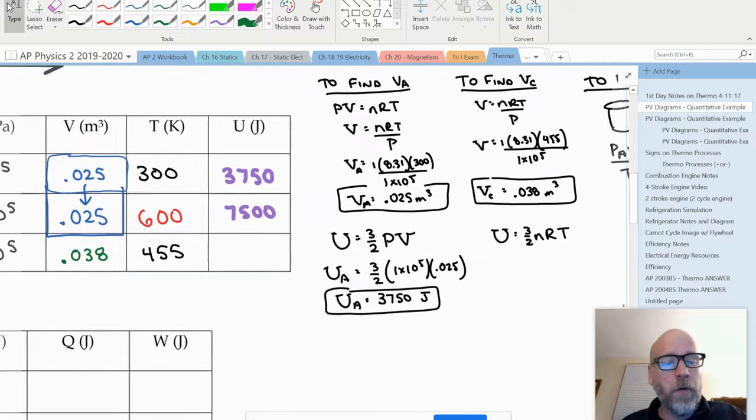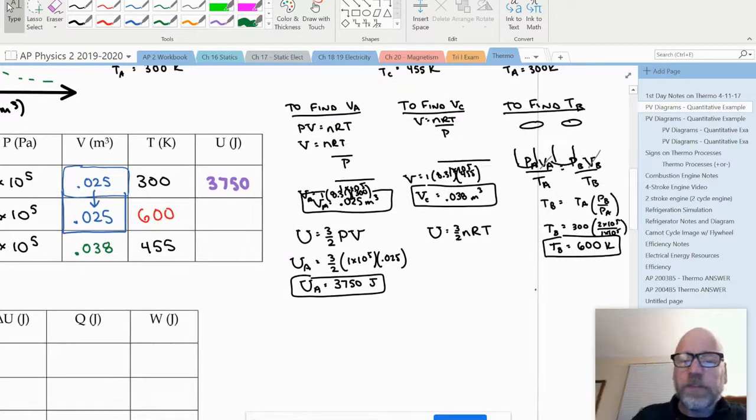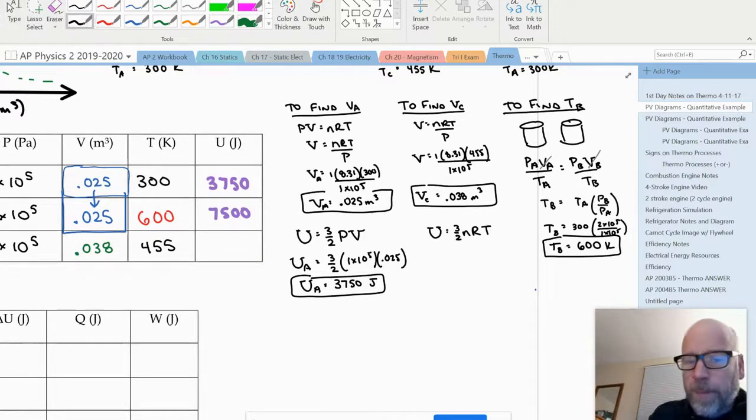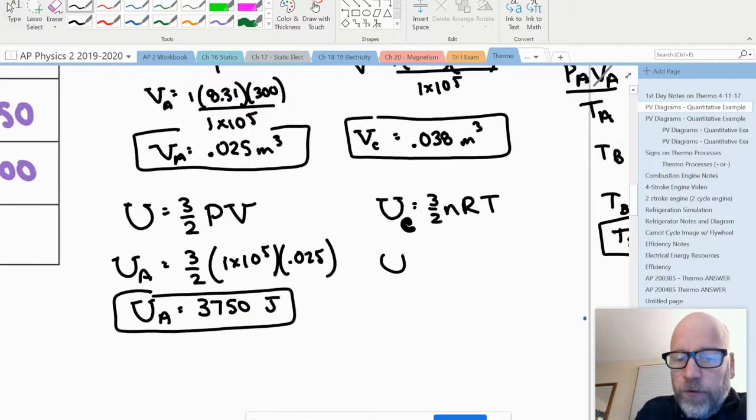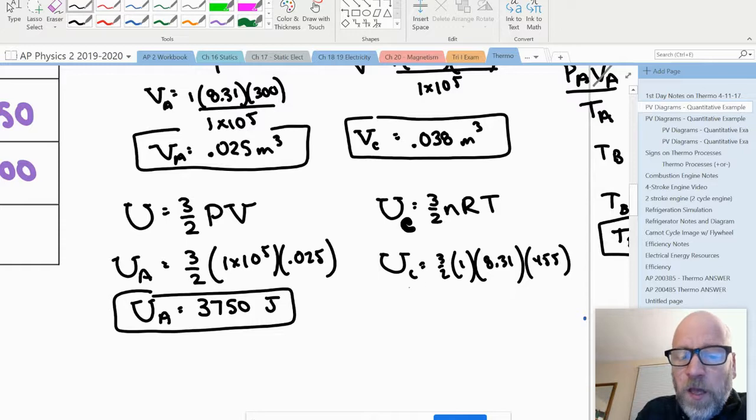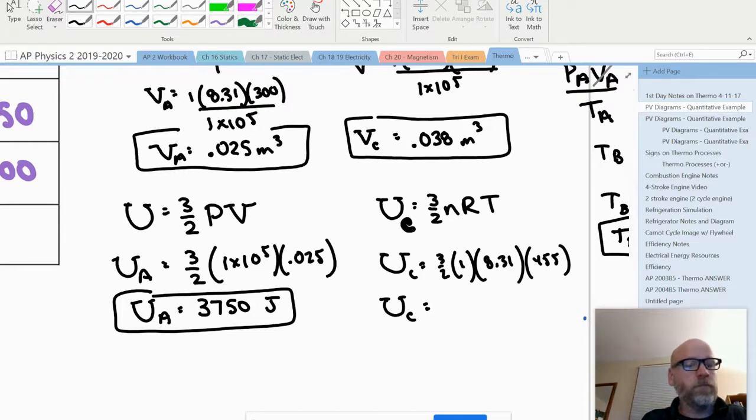Lastly, for the 455, you know what? I'm going to find that for C and plug it in. So U of C is 3 halves that number.